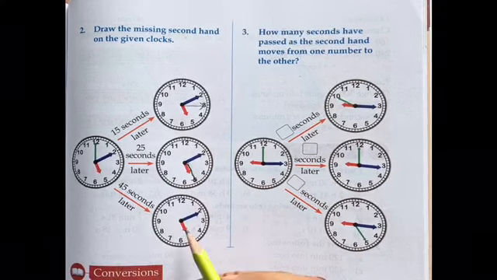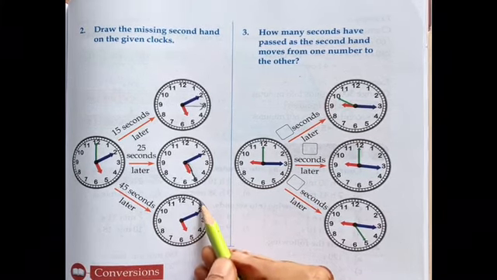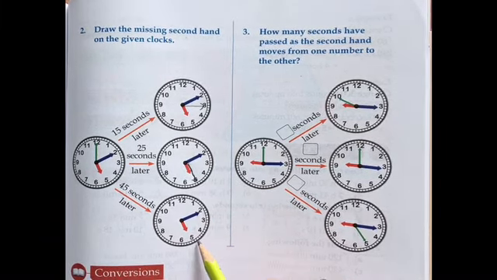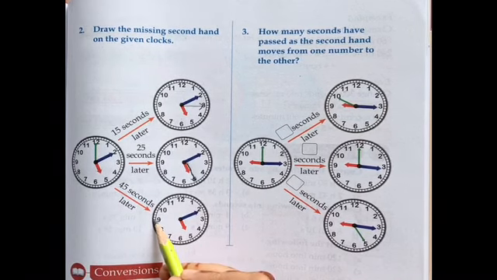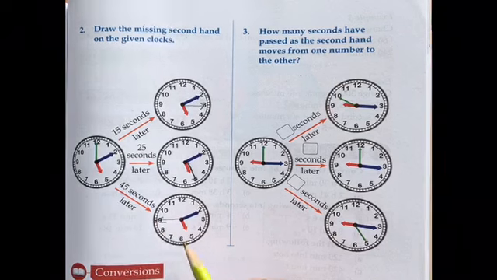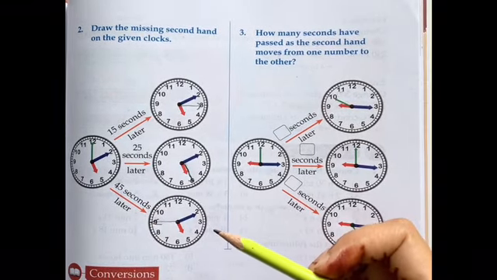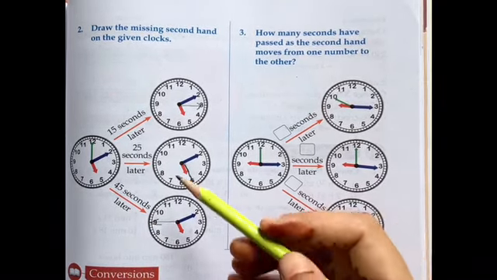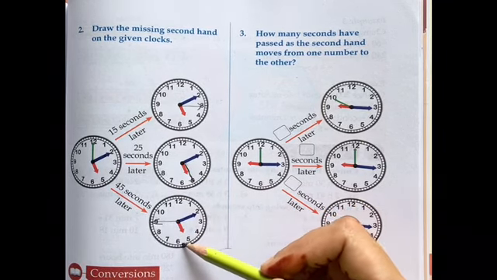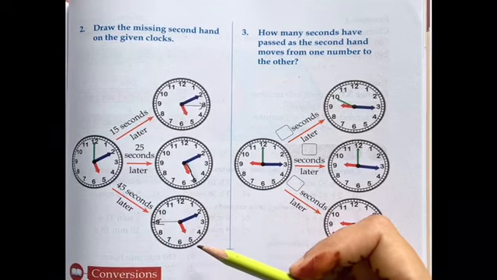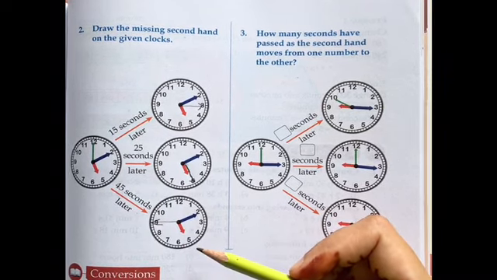So after 45 seconds, 5, 10, 15, 20, 25, 30, 35, 40, 45. So it will be at 9. So you will have to keep on counting accordingly. And from moving 12 to 6, there are 30 seconds. And accordingly you can calculate faster.